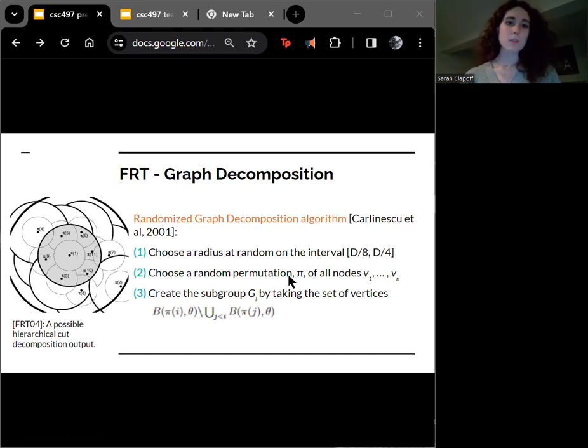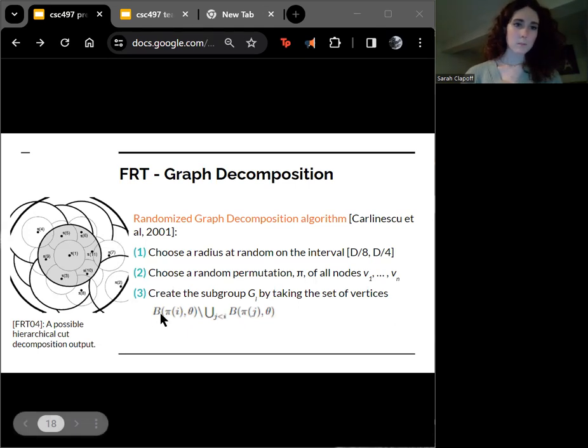You choose a random permutation pi of all of the nodes in G. And then we build balls to create the subgroups GI. A ball B of pi of I and theta is a collection of all of the nodes within radius theta centered around pi of I, where pi of I is a node.